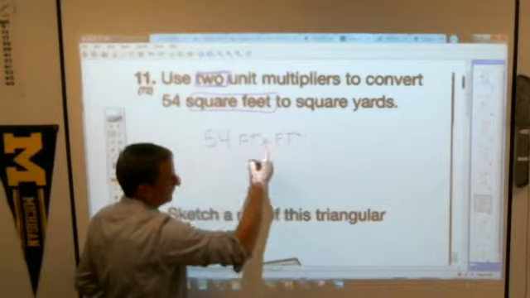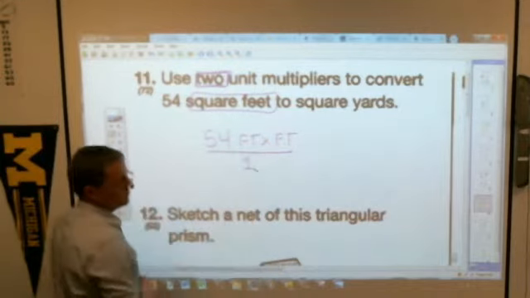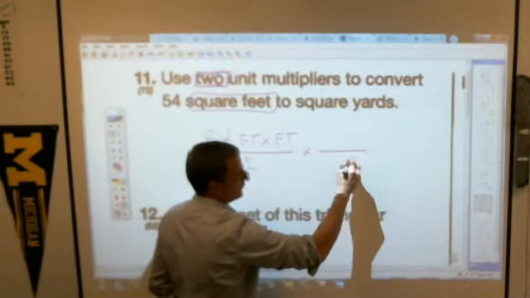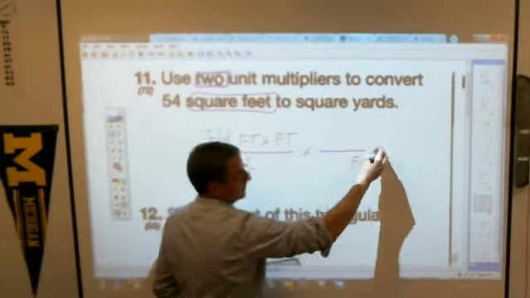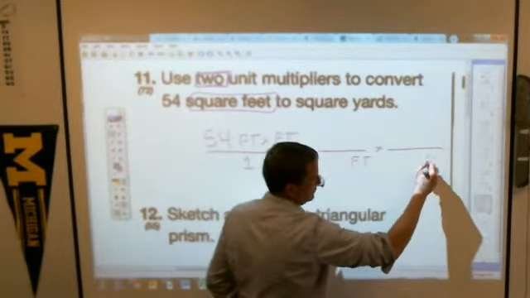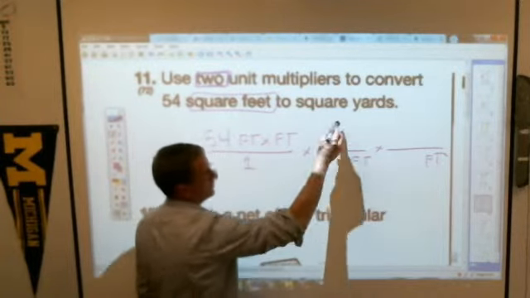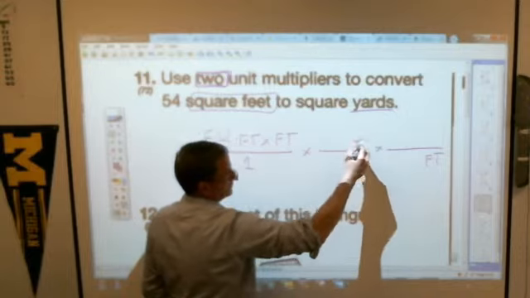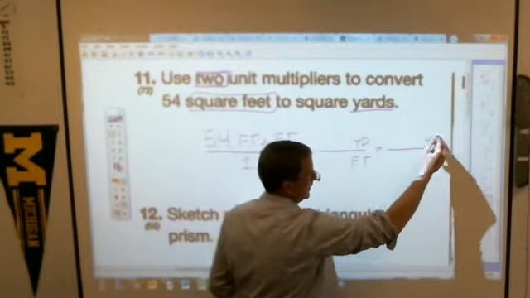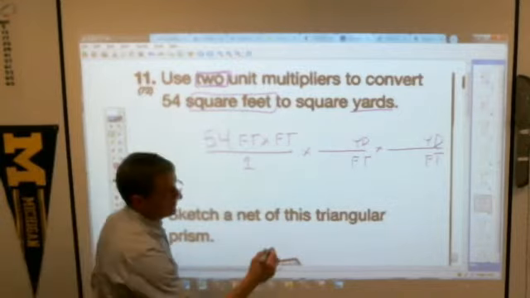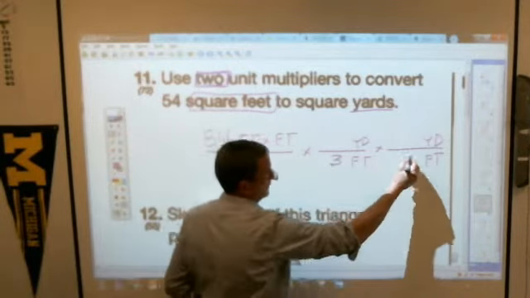It is 54 feet times feet. It is square feet. And I need 2 unit multipliers because 1 unit multiplier only cancels off 1 label, and the second unit multiplier cancels the other label. And I'm changing it into yards, so it goes yards up top. And then you have to have a little knowledge of how many feet are actually in a yard. 3 feet in 1 yard.